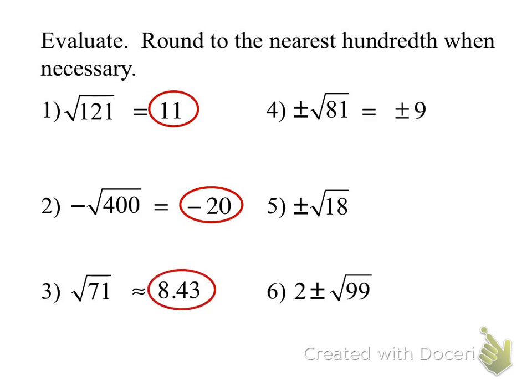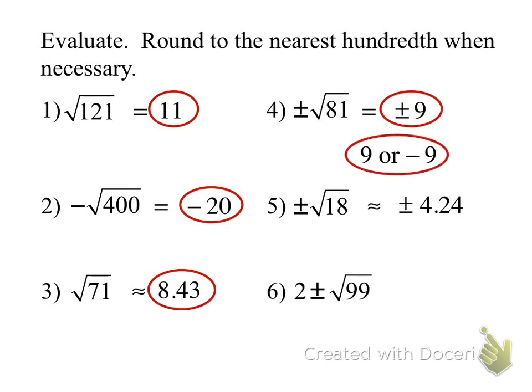Good. As soon as we start estimating, 18 falls between 16 and 25, about 4.2. So positive 4.2 or negative. And notice the sign is about. You got to use that. 99 is about 9.9. So now we have 2 plus or minus 9.9.